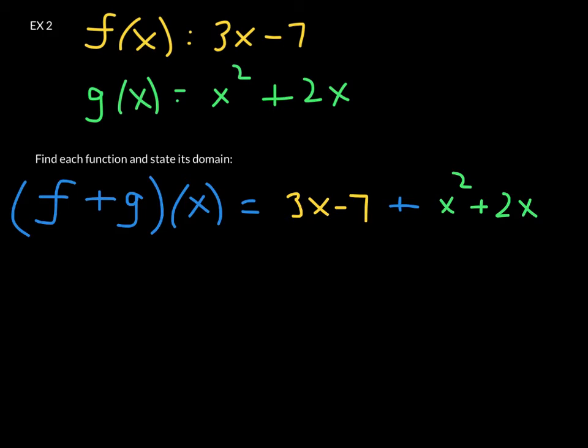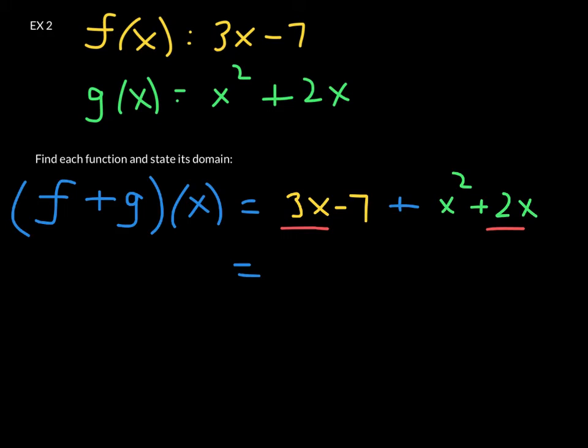I'm just adding these two functions together, and it kind of just looks like you adding algebraic expressions together, and that's really what it boils down to. And you know that you can only add like terms. I'm going to underline the like terms for us. You can probably see them. 3x and 2x are your only like terms, so those are the only two terms that you can combine.